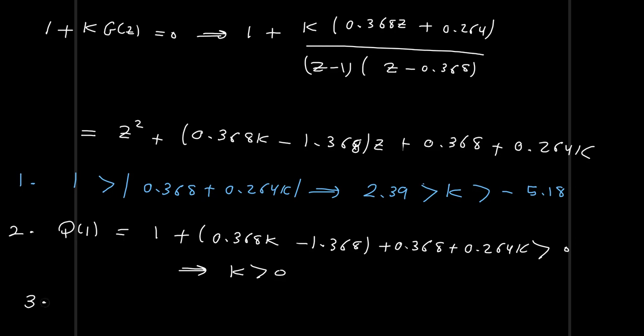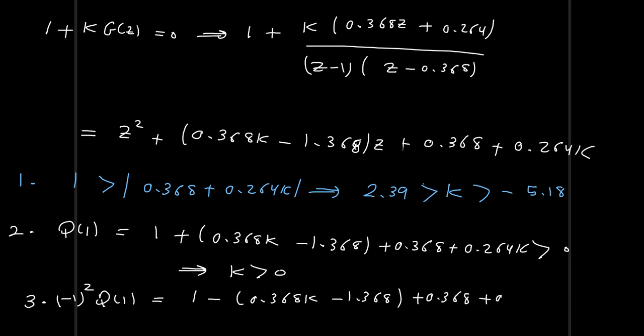Now the third condition, which is minus 1 to the power n, q of minus 1 must be greater than 0. So minus 1 to the power 2, q of minus 1, if we evaluate, this will equal 1 minus 0.368k minus 1.368 plus 0.368 plus 0.264k must be greater than 0.